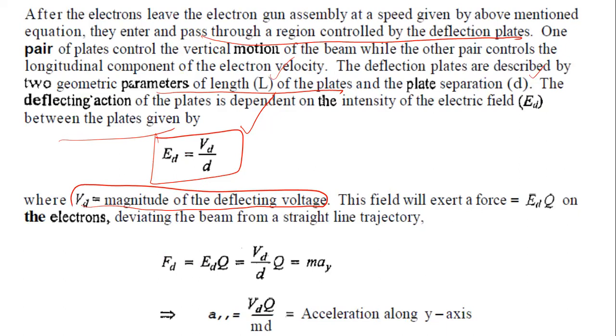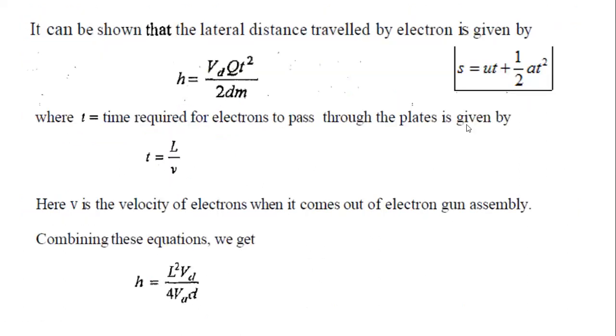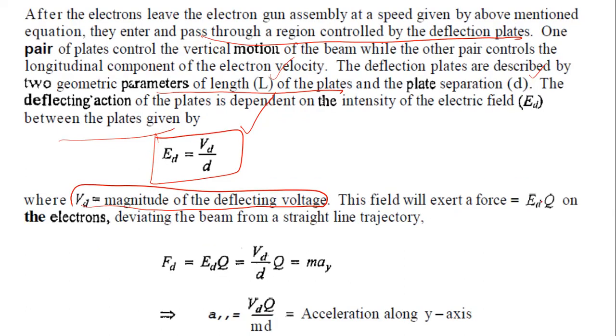And so the force exerted on such incoming charge will be given by electric field into charge. Electric field into charge. So this is what is called the deflecting force. The deflecting force exerted on the accelerated electrons by these deflection plates. So here, if you substitute ED as VD upon D, this is what you're going to get.